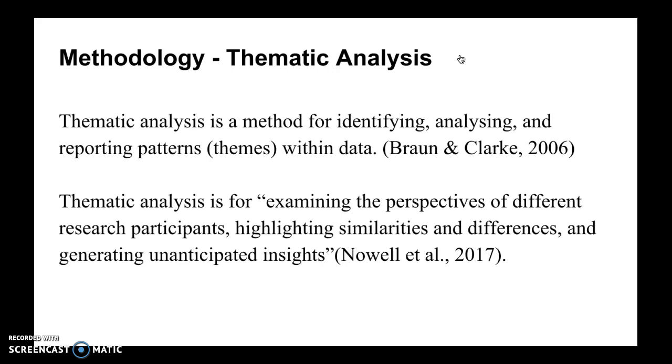Thematic analysis is for examining the perspectives of different participants, highlighting similarities and differences, and generating unexpected insights.